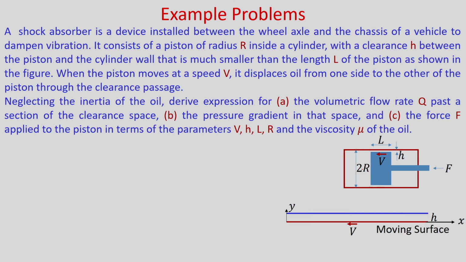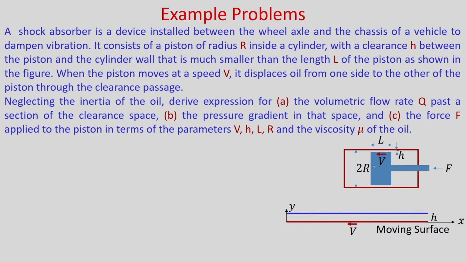So, you see, this is the cylinder and this is the piston. So, force F is applied. So, the piston will move in this direction with a velocity v, and the radius of the cylinder is r, and we have a small clearance between this piston and the cylinder.